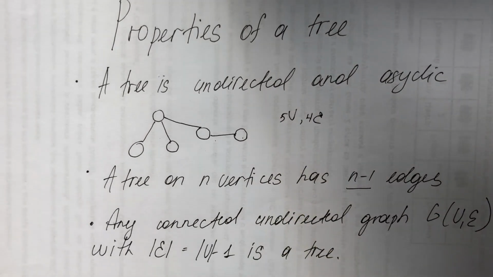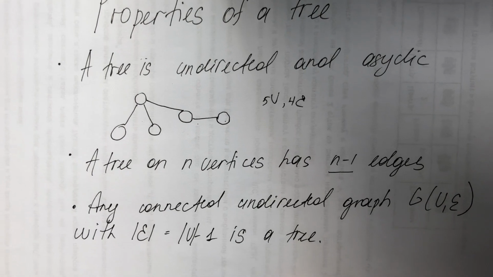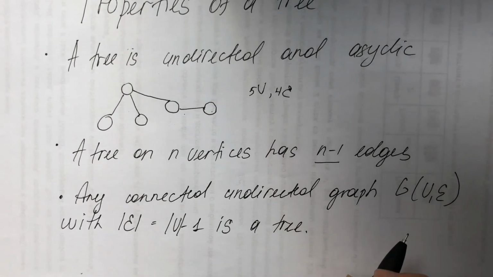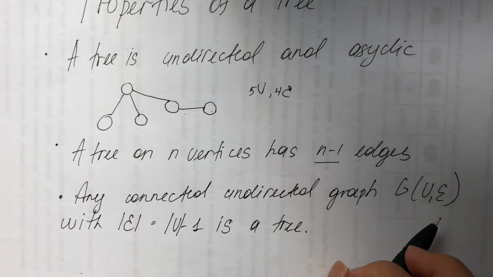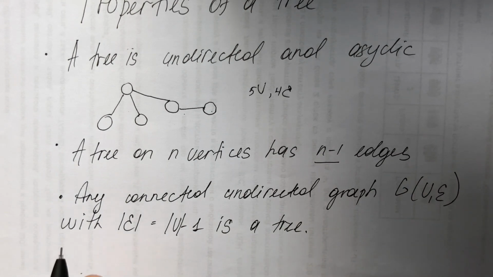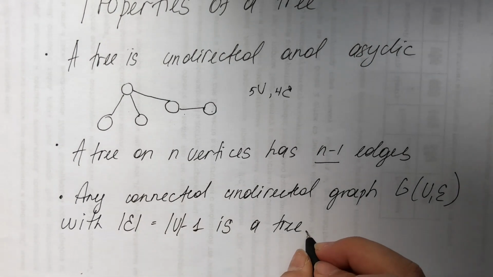And the next property is that any undirected graph G(V, E) such that the number of edges is one less than the number of vertices is a tree.